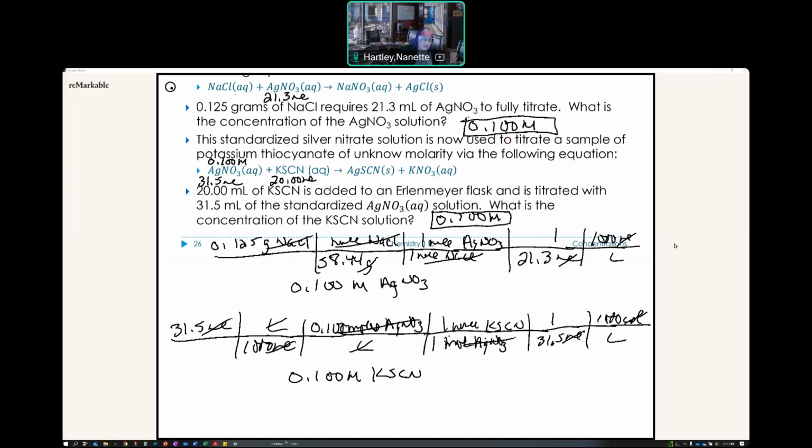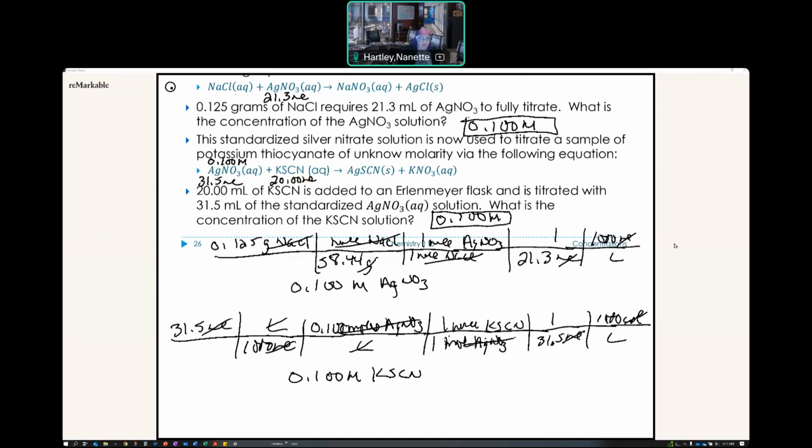Now I come to the next part, and it says this standardized silver nitrate solution is now used to titrate a sample of potassium thiocyanate of unknown molarity via the following equation. AgNO3 aqueous plus KSCN aqueous goes to AgSCN solid plus KNO3 aqueous.